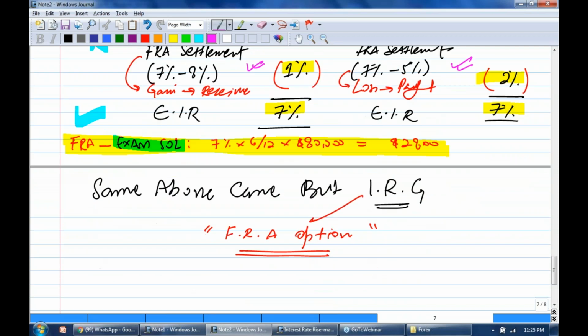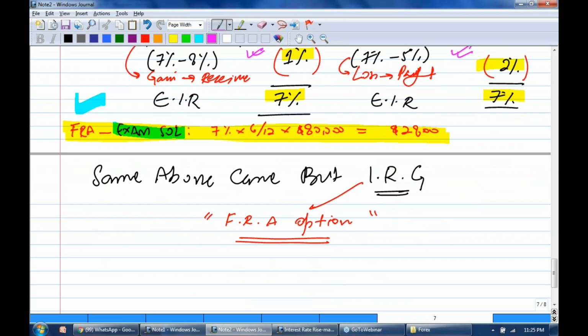But what if, in the case of an option, you don't like loss? FRA option.